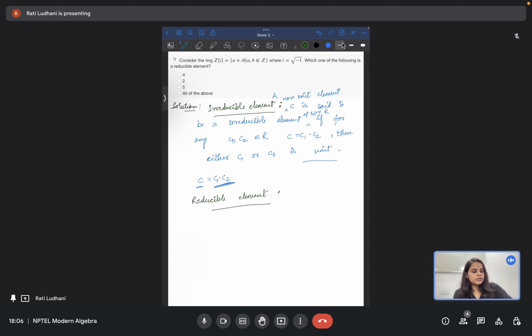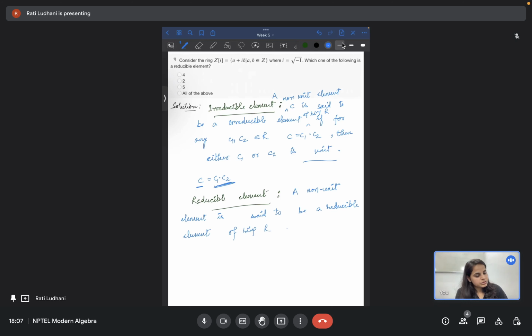So we only discuss non-unit elements. A non-unit element is said to be a reducible element of ring R.